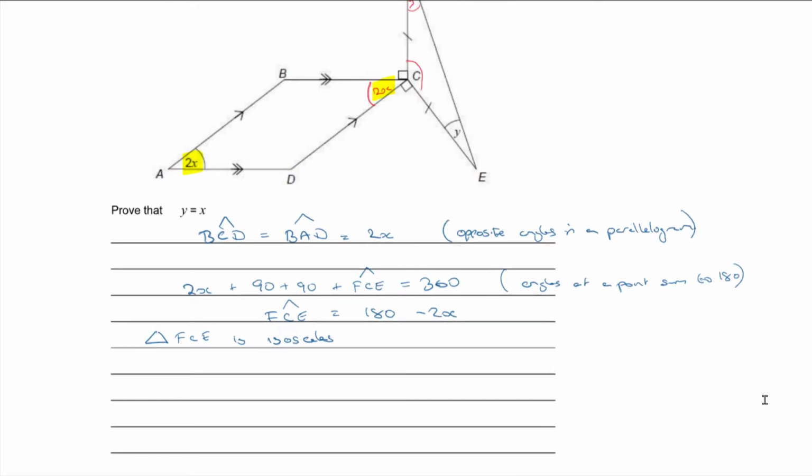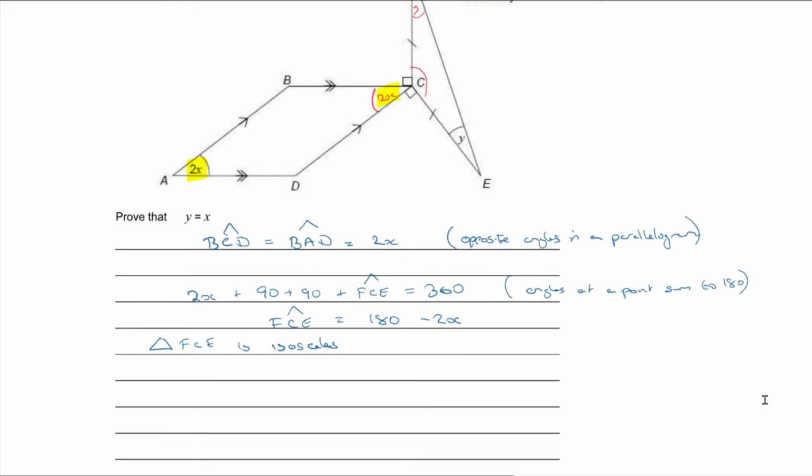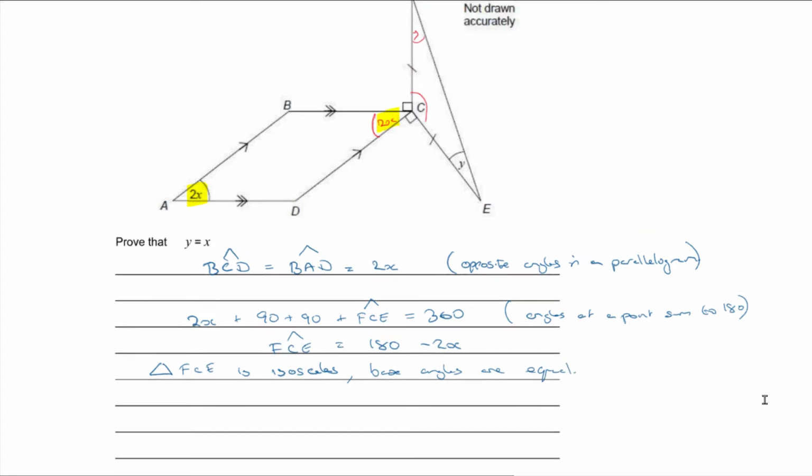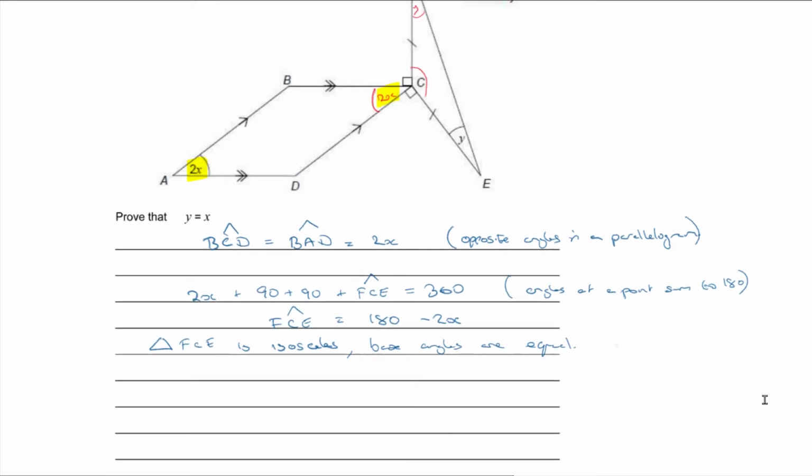So what does that tell me? If it's isosceles, base angles are equal. So that angle there is y. So what we've got then is angle FCE plus y plus y is equal to 180 degrees because of angles in a triangle.